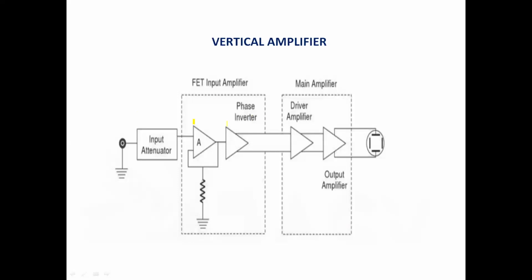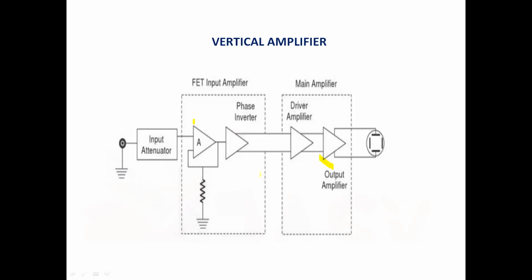The function of the phase inverter is to generate two antiphase signals in order to drive the output amplifier, which is a push-pull amplifier. The purpose of the driver amplifier is to drive the output of the phase inverter to the push-pull amplifier.